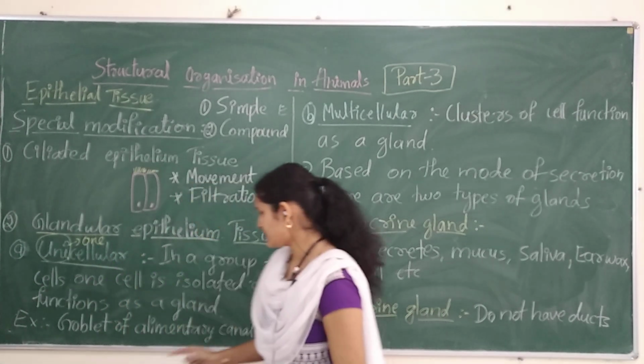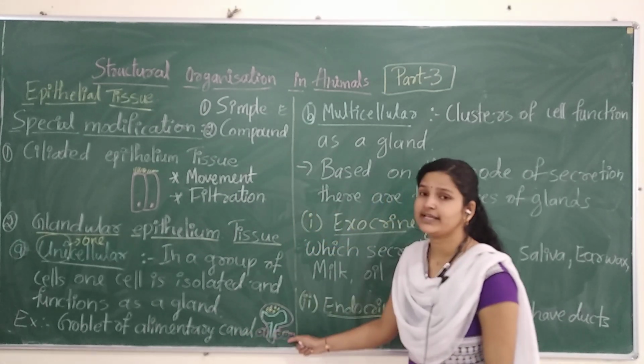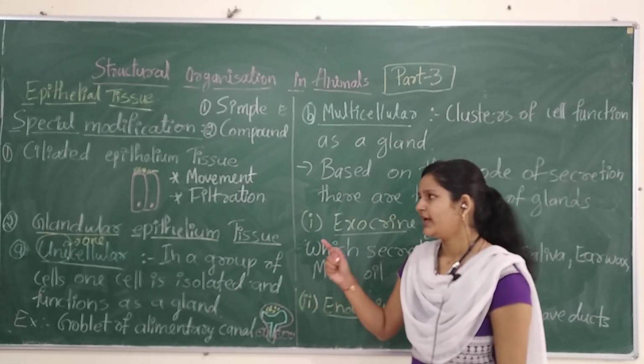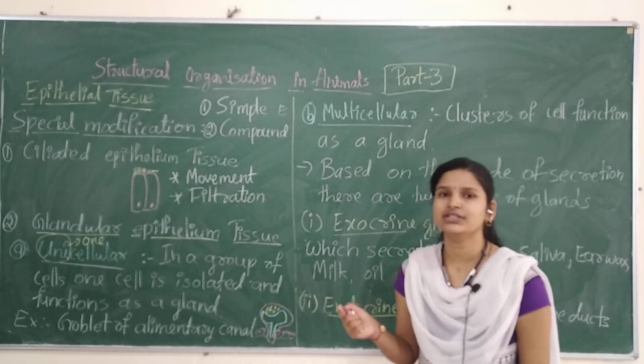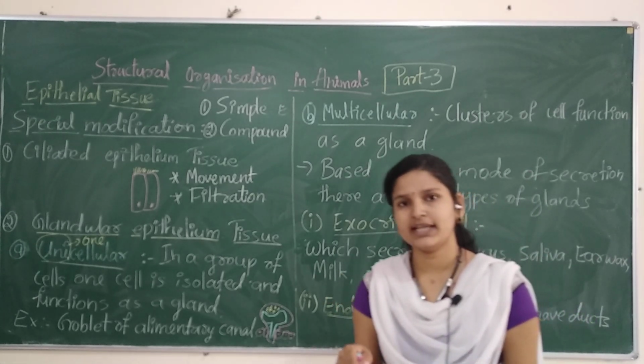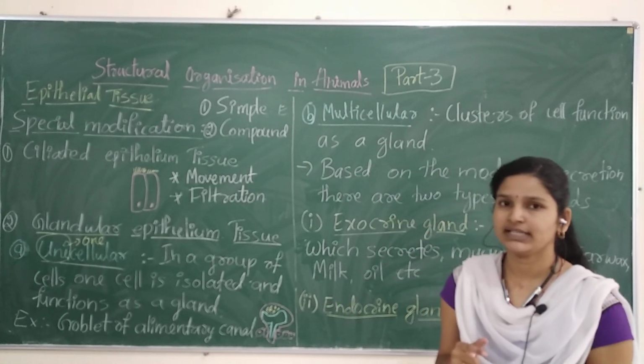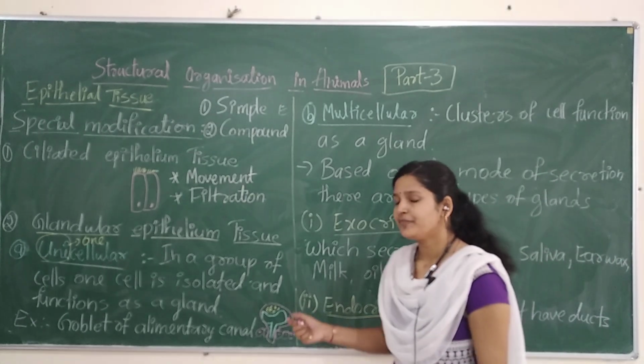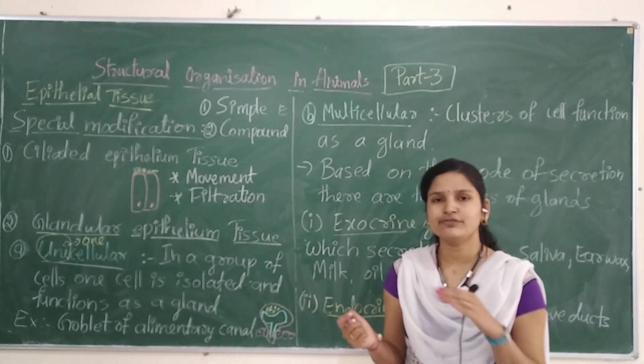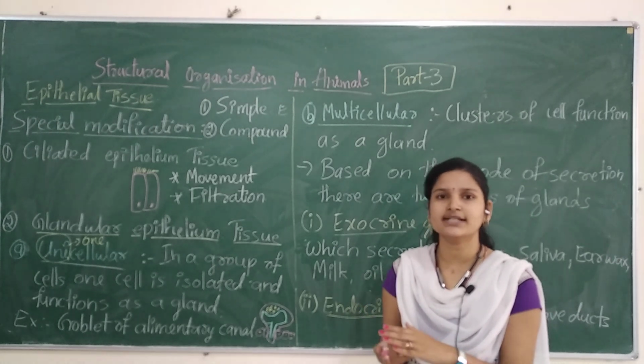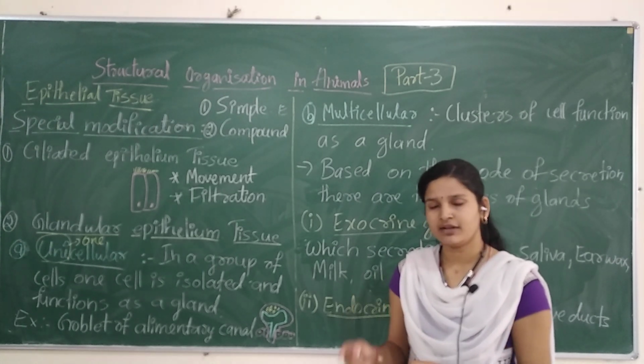Take an example of the alimentary canal. In the alimentary canal, just imagine there is a presence of epithelial cells, simple epithelial cells, and the cells are arranged forming a tissue. We call it simple epithelial tissue.